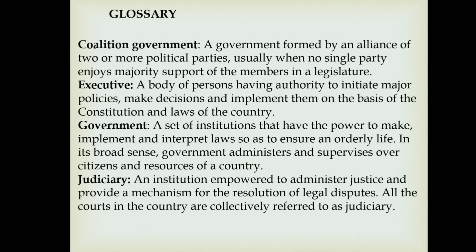They make decisions and implement them on the basis of the constitution and laws of the country. Government is a set of institutions that have the power to make, implement, and interpret laws so as to ensure an orderly life. In its broad sense, government administers and supervises over citizens and resources of a country.